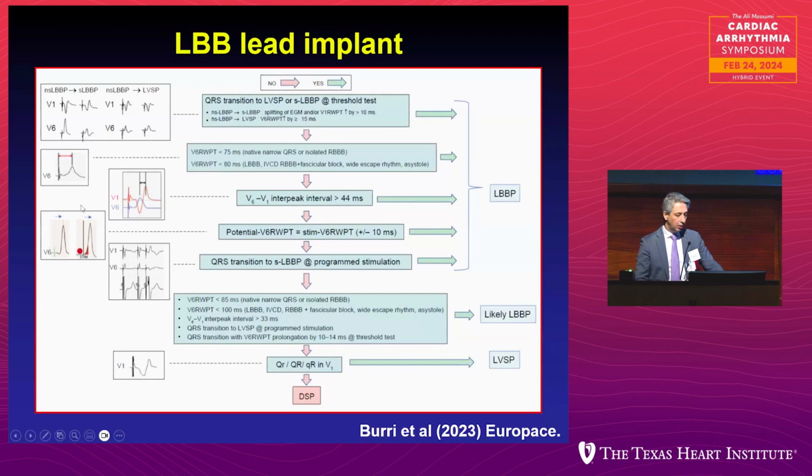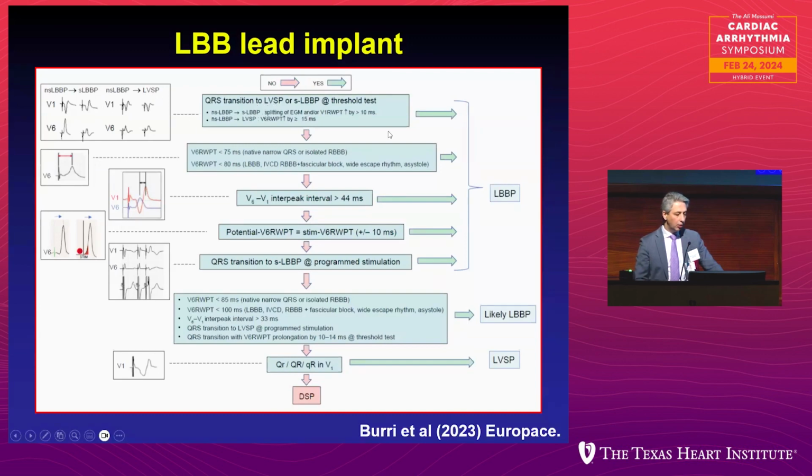With some modification. So one criterion is to observe a transition either from non-selective left bundle branch capture to selective left bundle branch capture, or from non-selective to left ventricular septal capture.